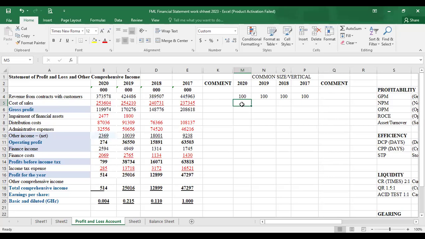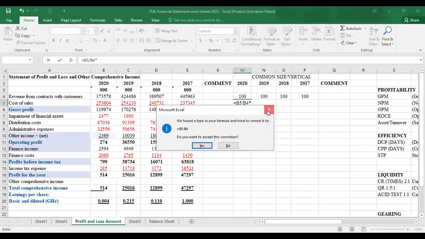You're using 253,604 as the numerator, and then what would be the denominator? 373,578. All right, thank you very much. Then you multiply it by 100.